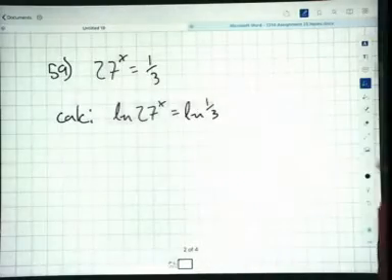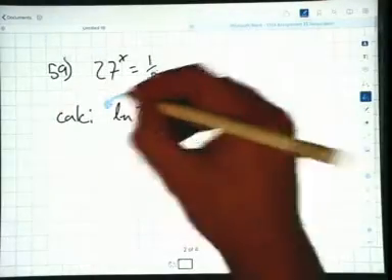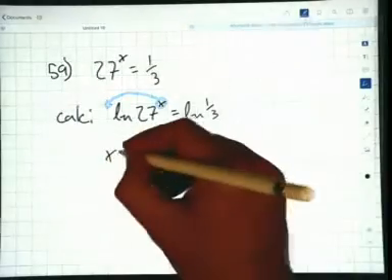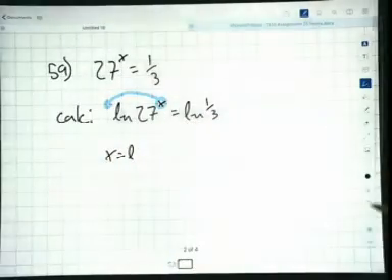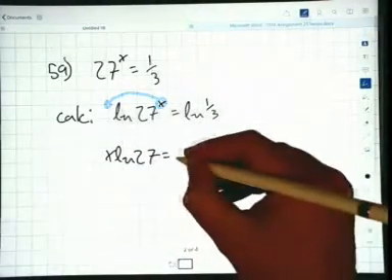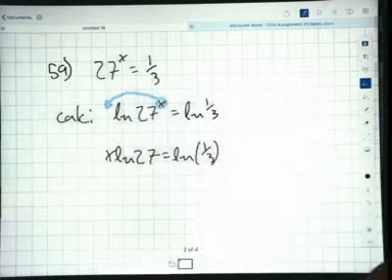And then that allows us to utilize the power rule for logarithms. So we can then say, after we take the natural log on both sides, that x times the natural log of 27 is equal to the natural log of 1/3.